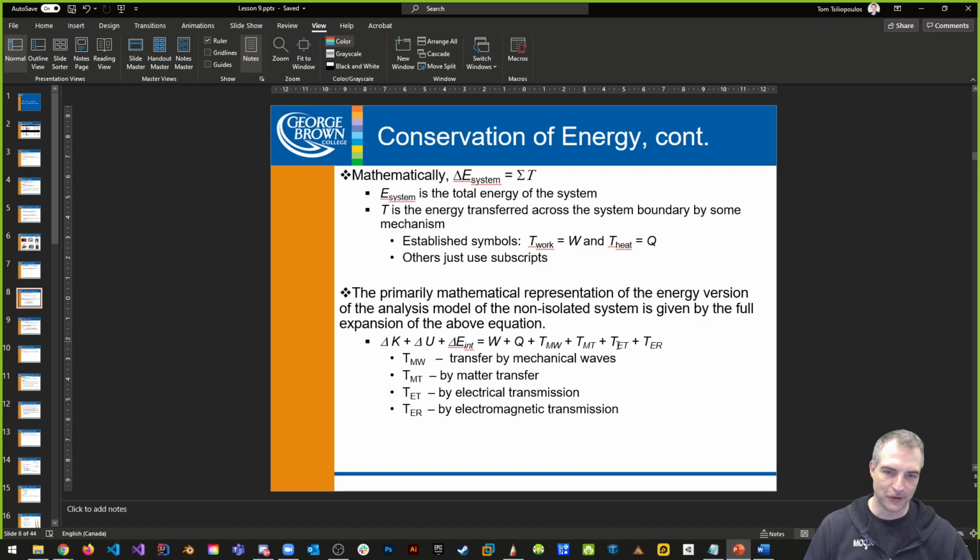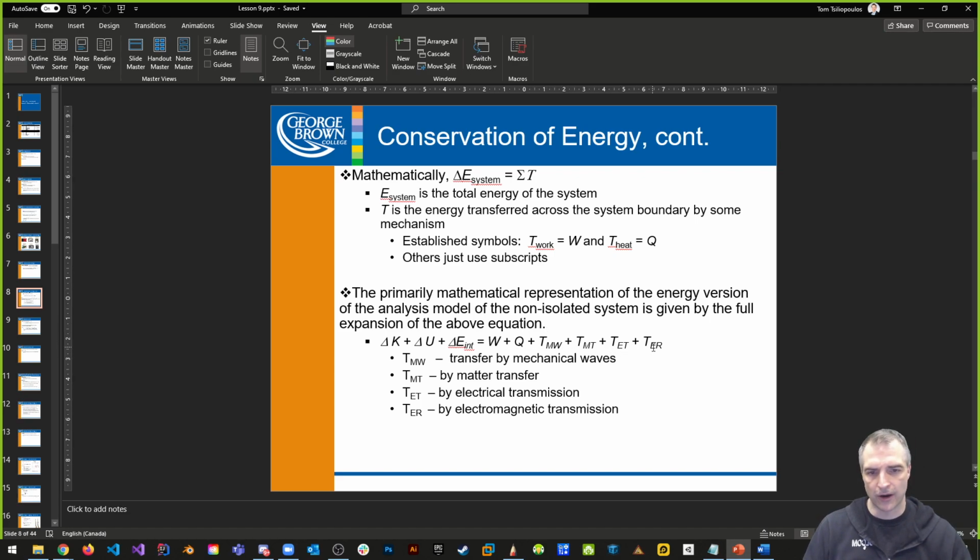This is the actual big formula if you're interested in the math. We say that the change in kinetic energy plus the change in potential energy, that's U, plus the change of the internal energy, so things like heat, is equal to the total work plus Q, when we think about the energy of a system.